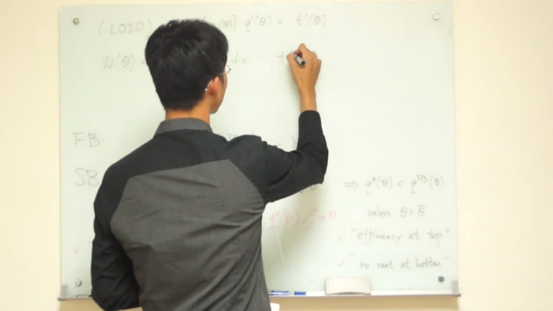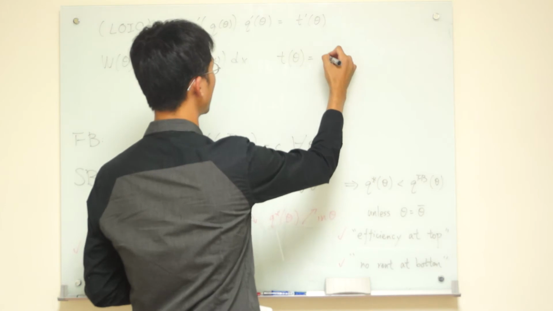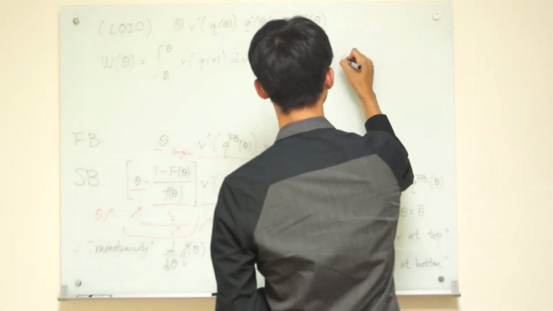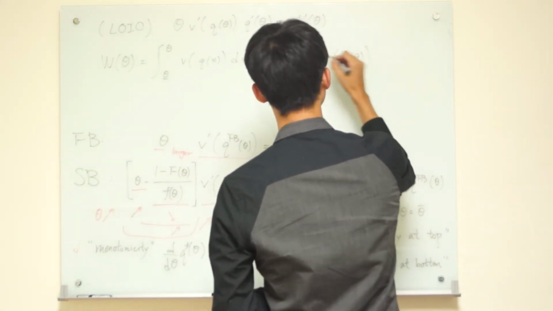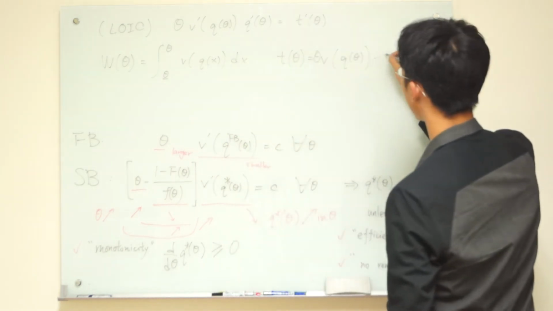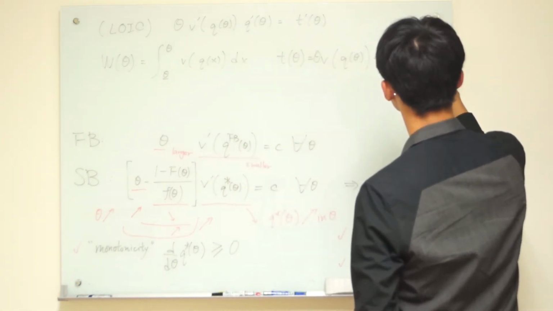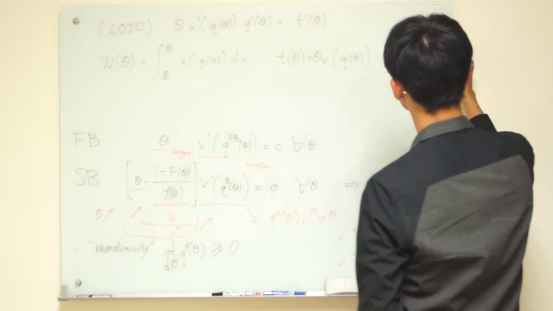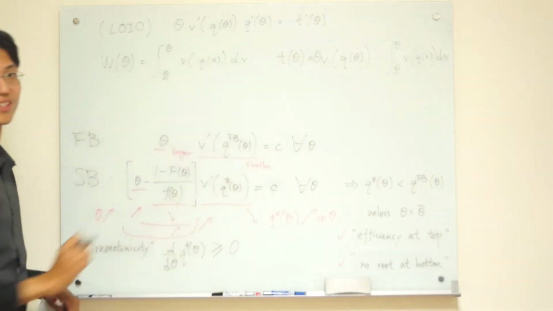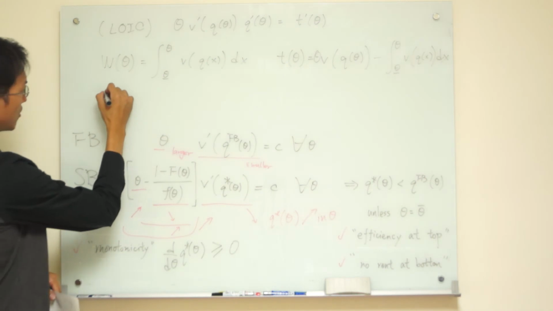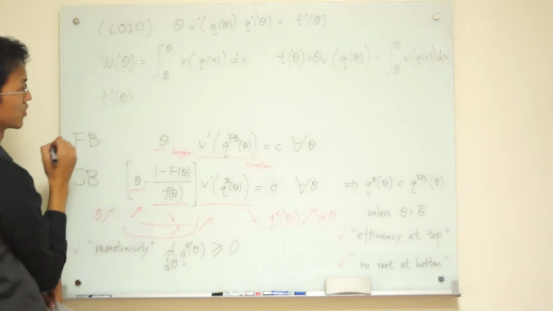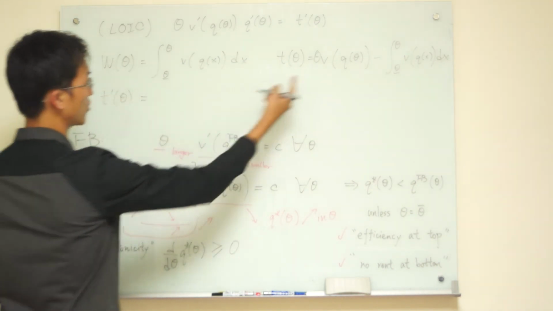So t is actually v of q of theta times theta minus that weird function. T is this guy.